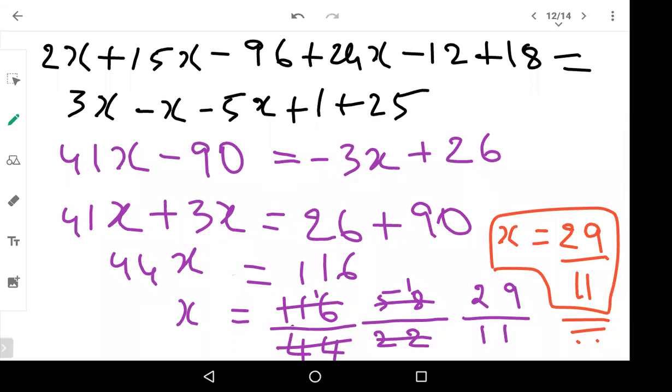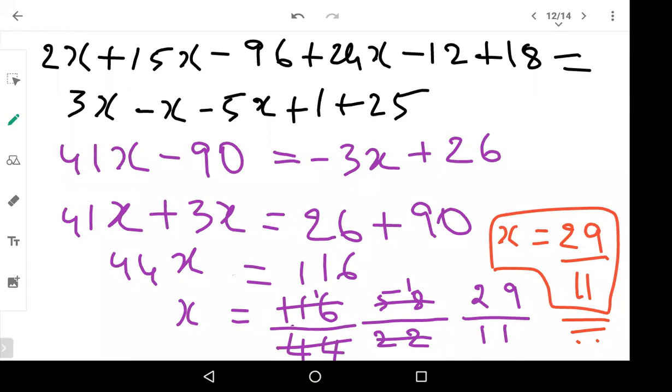Understood? Any doubts in this problem in any of the step? Please go through the problem thoroughly. I'll give you 1 minute. Go through the problem thoroughly.